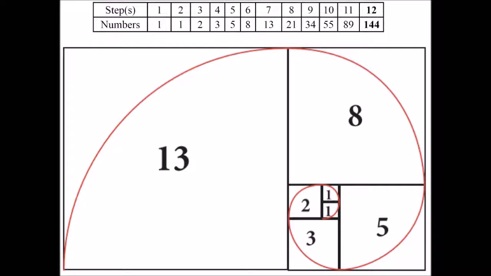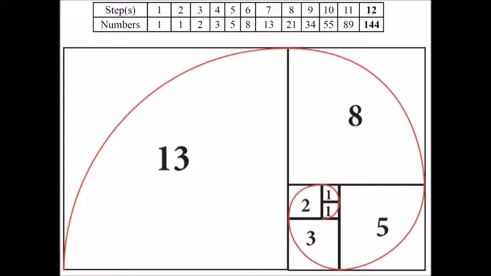You start with the number 1 on the first step. On the second step, you repeat with the number 1. You add up these two numbers and it leads to the third step, which is the number 2. You add the next number to the previous number to get the further step.